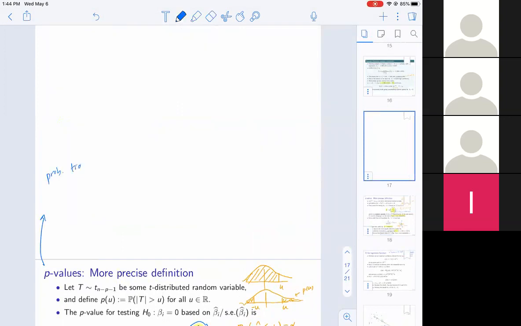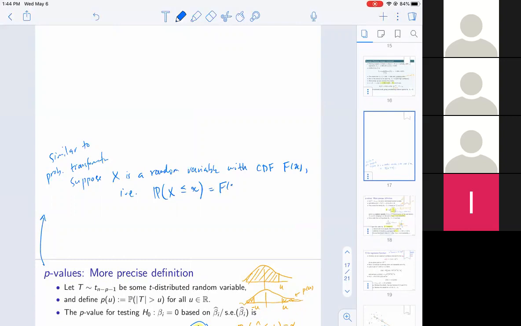So suppose X is a random variable with CDF F of x, i.e., the probability that X is less than or equal to x is F of x.